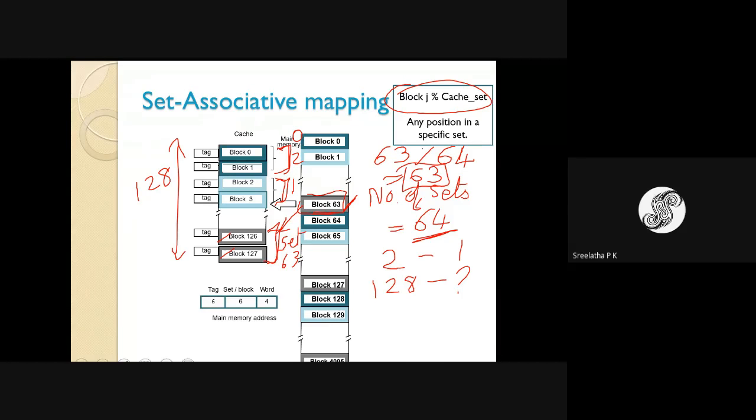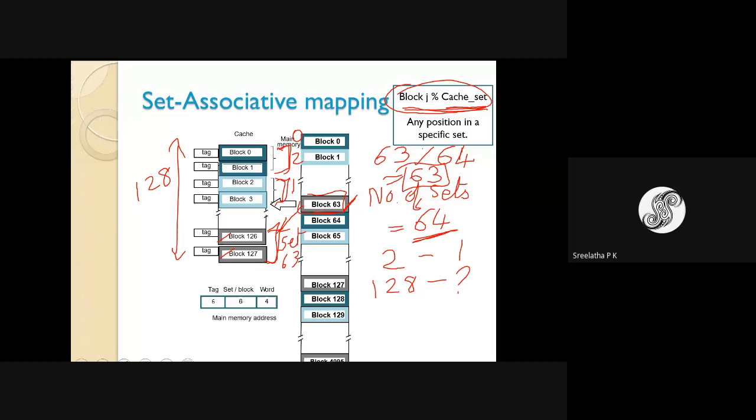Cache memory is grouped into sets. Each set will have a number of blocks. The main memory block is mapped to the set by using this technique, block J modulus number of cache sets.